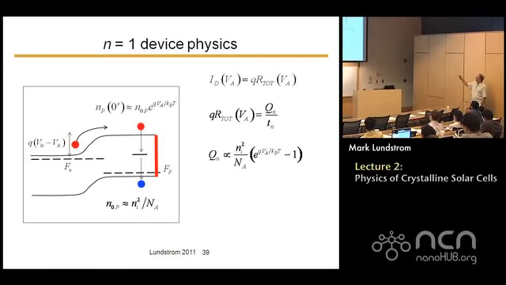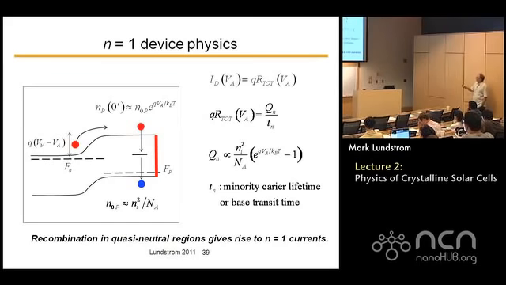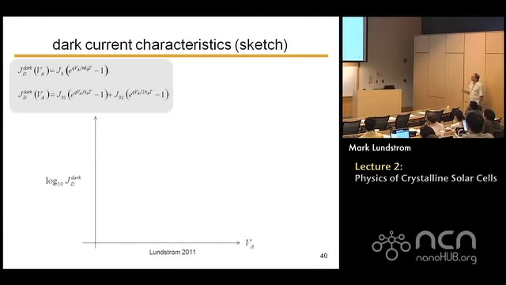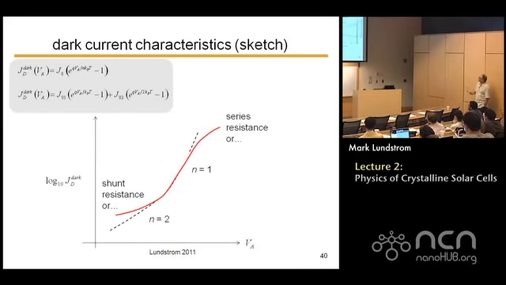The excess carrier concentration goes exponentially with the forward bias because it lowers the barrier and makes it easier for electrons to get over. So if I just take Q_n over tau, you can see that I'm going to get a current that goes as e to the qV_A over 1 kT. So the point is, if the carriers recombine in a neutral region, they're going to give me an n equals 1 diode current.